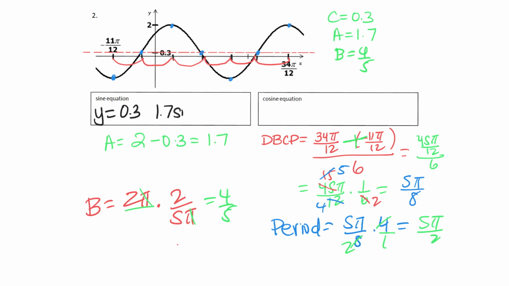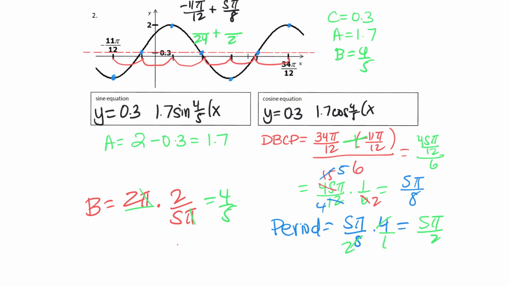I'm going to go and find this one right here by adding my DBCP. My DBCP is 5 pi over 8. So I'm going to take negative 11 pi over 12 and add 5 pi over 8. Well, I need to get a common denominator. It's 24. And so negative 11 pi over 12 becomes, I need to multiply it by 2, negative 22 pi over 24. 5 pi over 8, I need to multiply the top and bottom by 3, becomes 15 pi over 24.